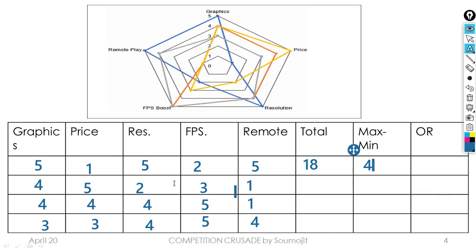Similarly, I'll put 4 plus 2, 6 plus 4 plus 2, 6 plus 1, 7 plus 3, 10 plus 5, that is 15. Max minus min, max is 5, min is 1, so the max minus min is going to be 4.